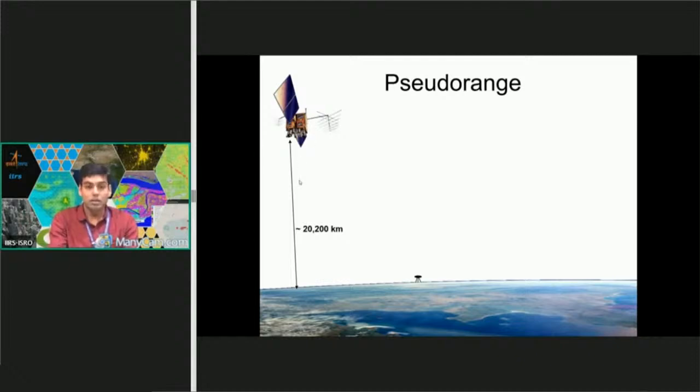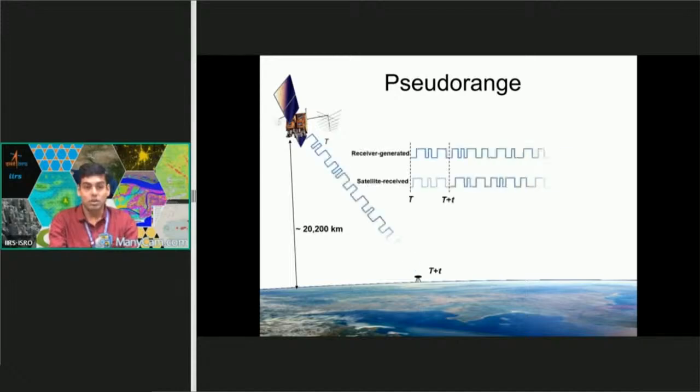You can see here, the satellite is orbiting at an altitude of 20,200 kilometer. These are the code signal. Code signal is nothing but a square wave. It is a very crude signal which we use to get the very quick latitude, longitude, and height.